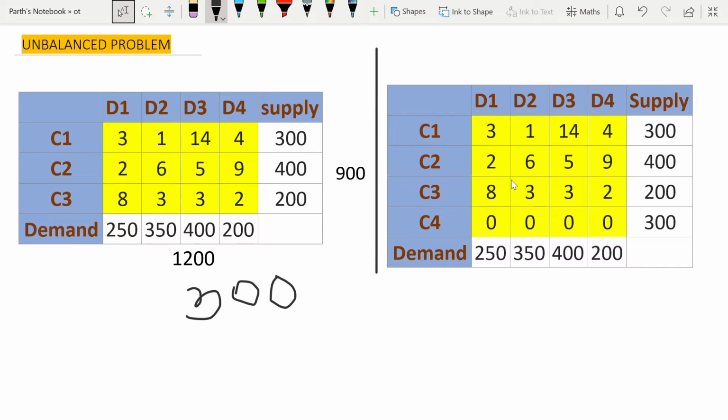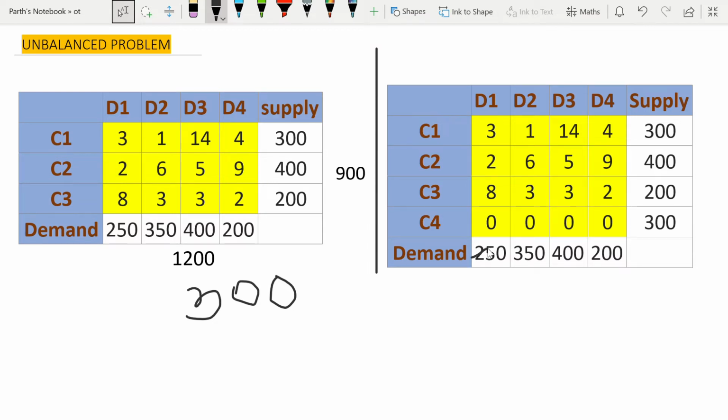Now we can solve it by any method. So I will solve for least cost method. So you can see that in first the minimum cost is this 0. You can take any 0. I am taking this 0. So the demand is 250 and supply is 300.